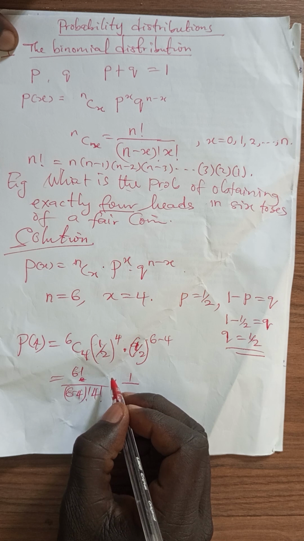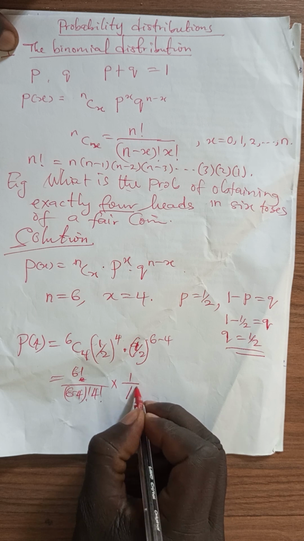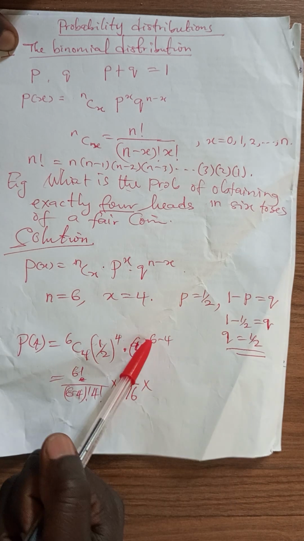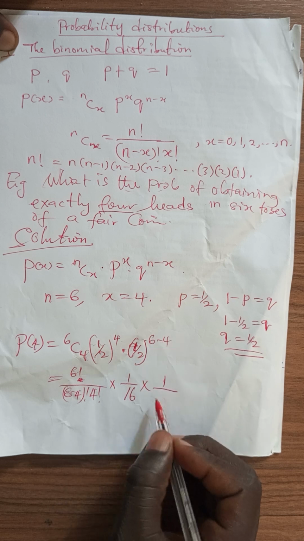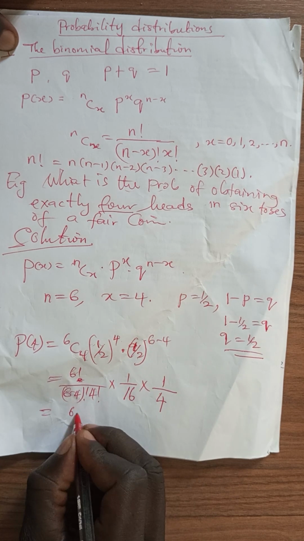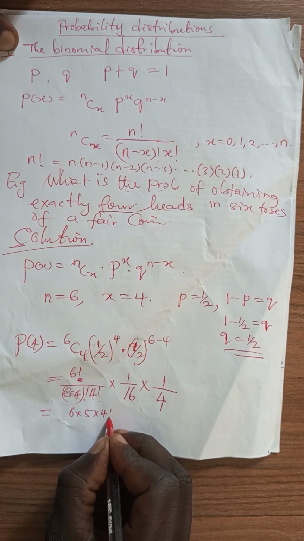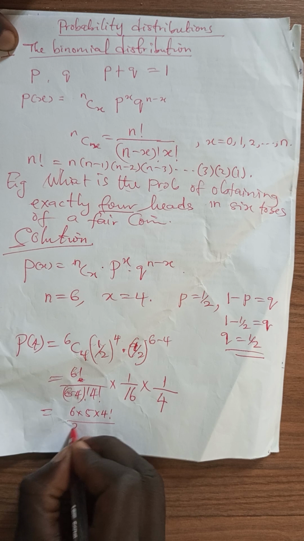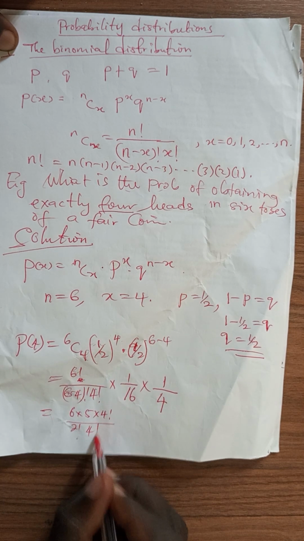2 raised to the power of 4 is 2 times 2 times 2 times 2, which is equal to 16. And 6 minus 4 is 2, therefore this is 1 over 2 raised to the power 2, which is equal to 4. This is 6 times 5 times 4 factorial over 2 factorial, divided by 4 factorial.